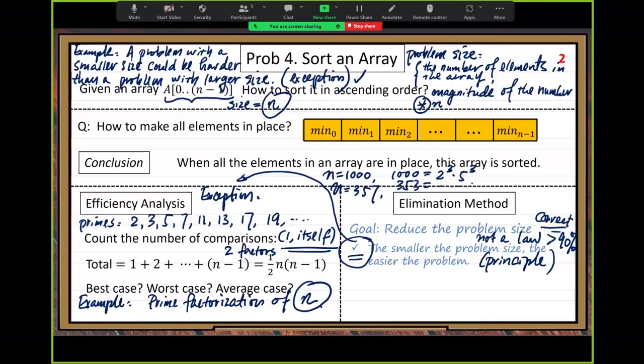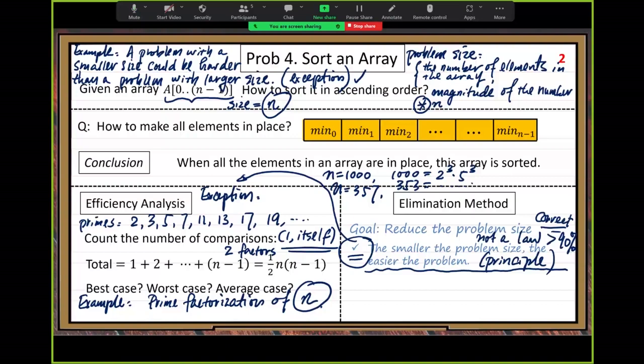So this example we can call a counter example for this statement. That's the reason we call this statement a principle: not necessarily 100% correct, but still very useful in problem solving.